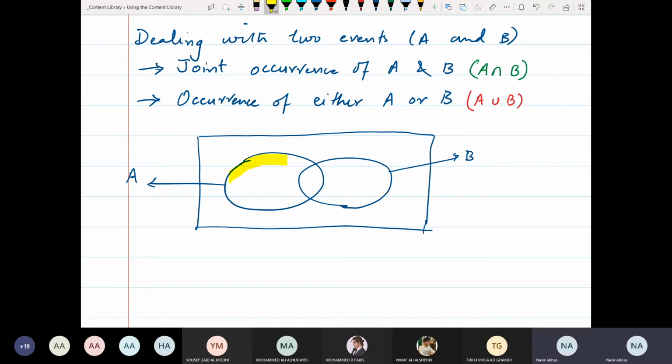This whole thing is A. Now you will notice, this yellow part is A, and the blue part is B. And wherever the yellow and the blue part overlap, that is A intersection B, which actually became green color.